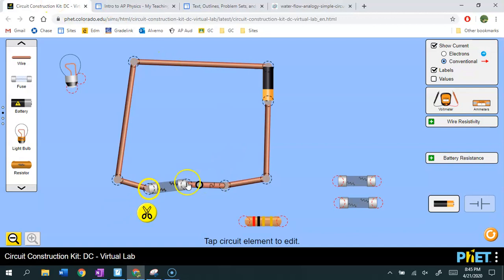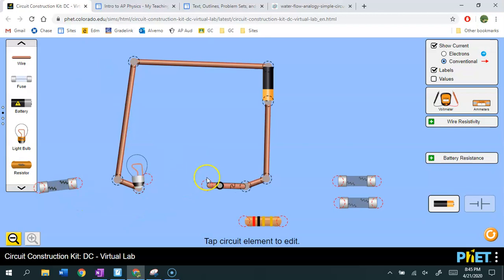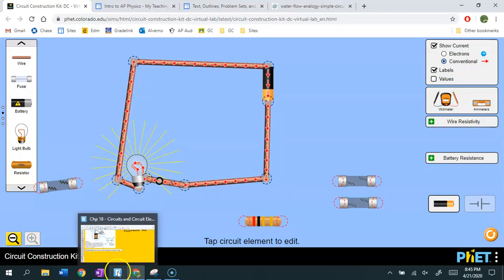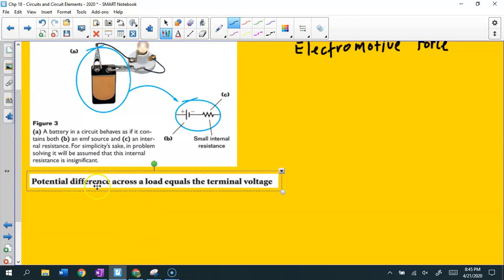If we talk about that diagram that we had earlier and put it back together again, now this light bulb behaves as the load. Now, when it says potential difference across a load equals the terminal voltage, basically what they're trying to say to you is whatever voltage is going through this circuit.